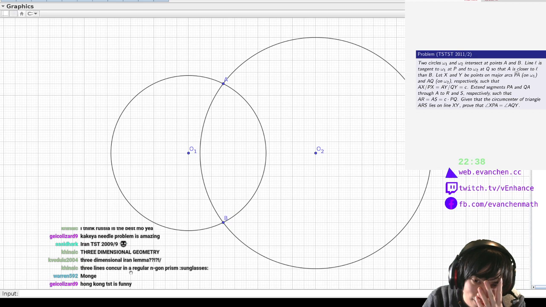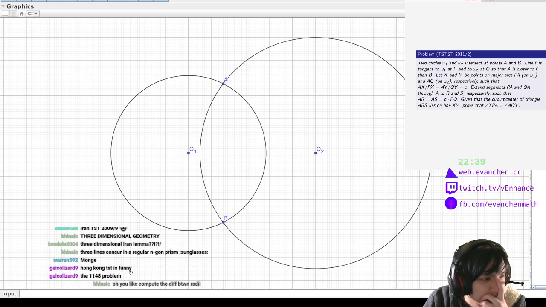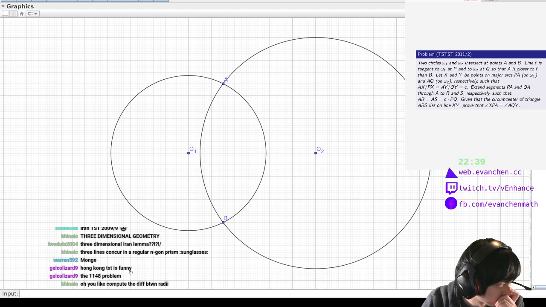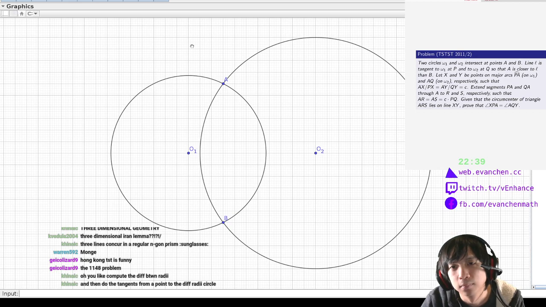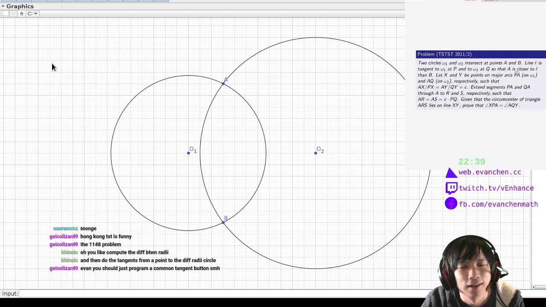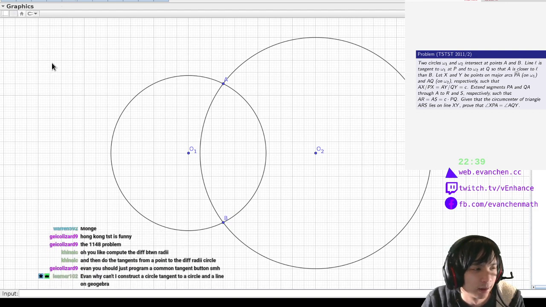Oh no. How do I draw the common tangent? Is there a tool? Why can't I construct a circle tangent to a circle and a line in GeoGebra?